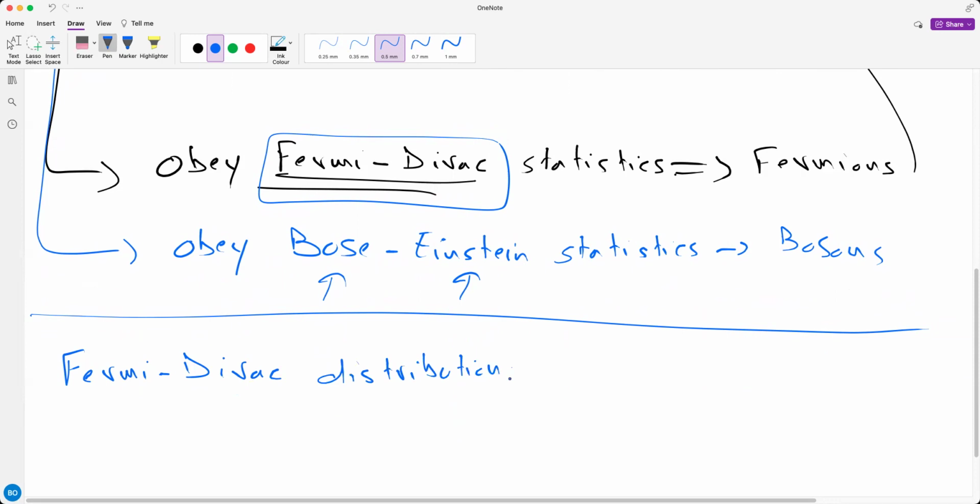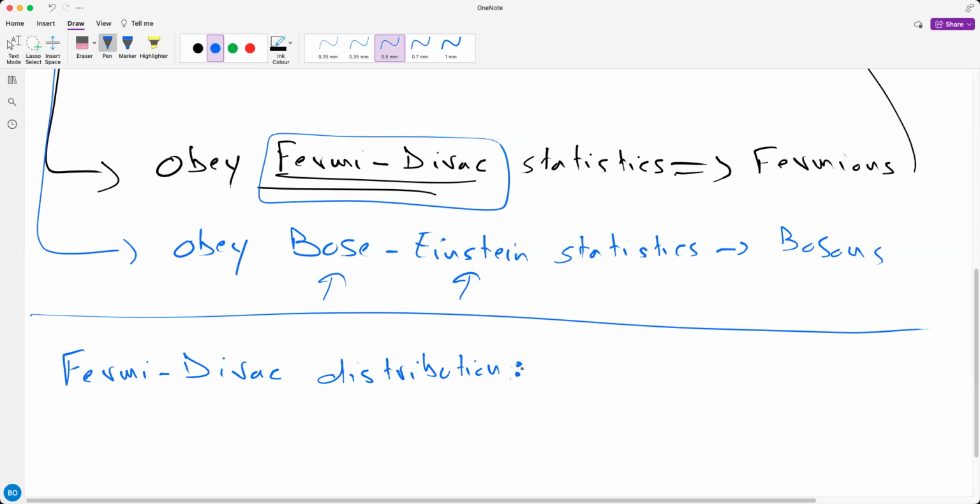If you don't understand, or you are losing some concept, just stop me, because this is very important and we will use it in semiconductors. The Fermi-Dirac distribution and statistics explain what we see in metals and in semiconductors.